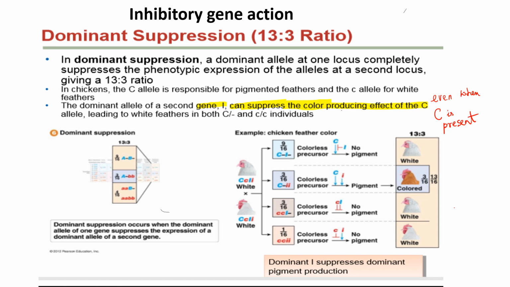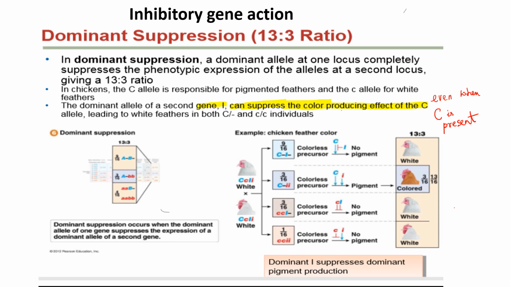Even if it is present, it can be suppressed by the dominant allele of the other gene I. So it is showing an inhibitory action. That is why we say inhibitory gene action. And here the inhibitory action is by a dominant allele of one gene over the other gene. So that is why we say it is dominant. We also call it dominant suppression.